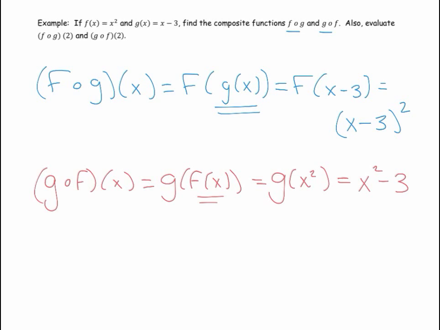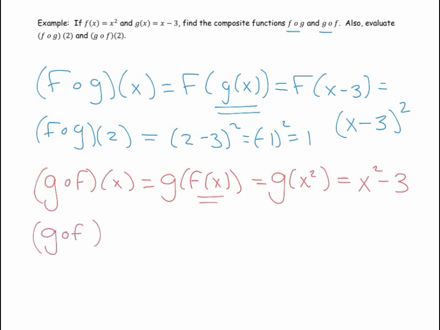So now that we have these, we can easily evaluate f of g of 2, which would just be 2 minus 3 squared, or negative 1 squared, which is 1. And similarly, g of f of 2 would just be, using our rule, 2 squared minus 3, which is 4 minus 3, which is 1.